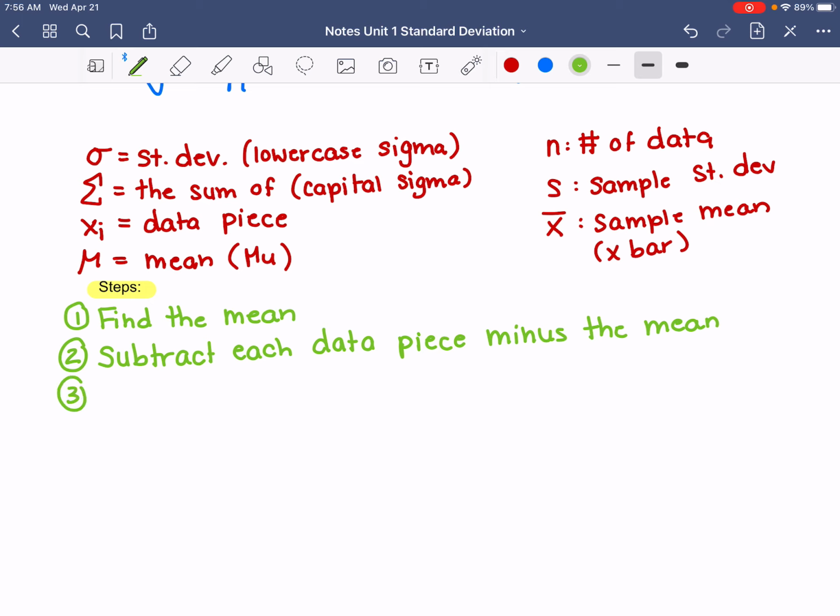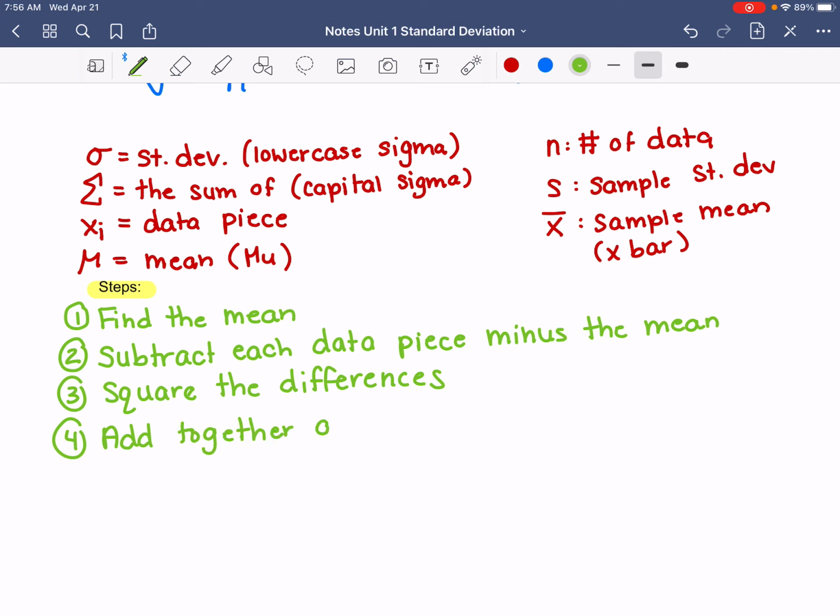Then you're going to go ahead and square those differences. Then you're going to add those all together and divide by n, or n minus 1.